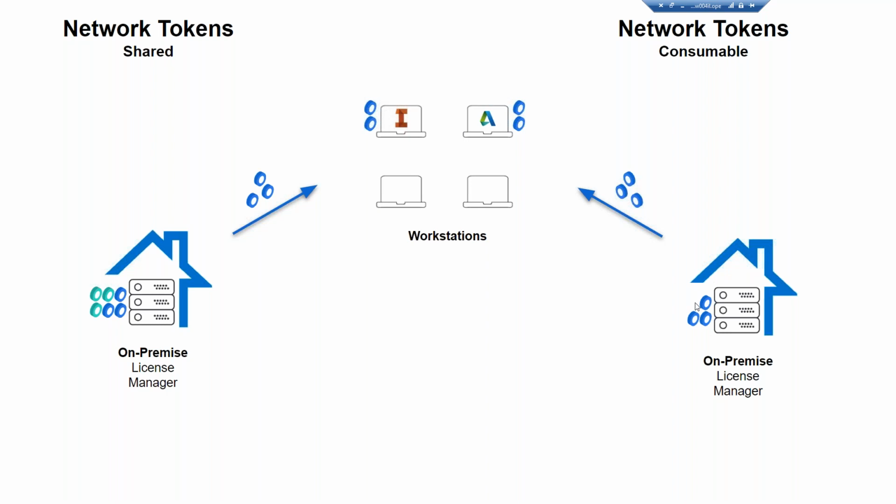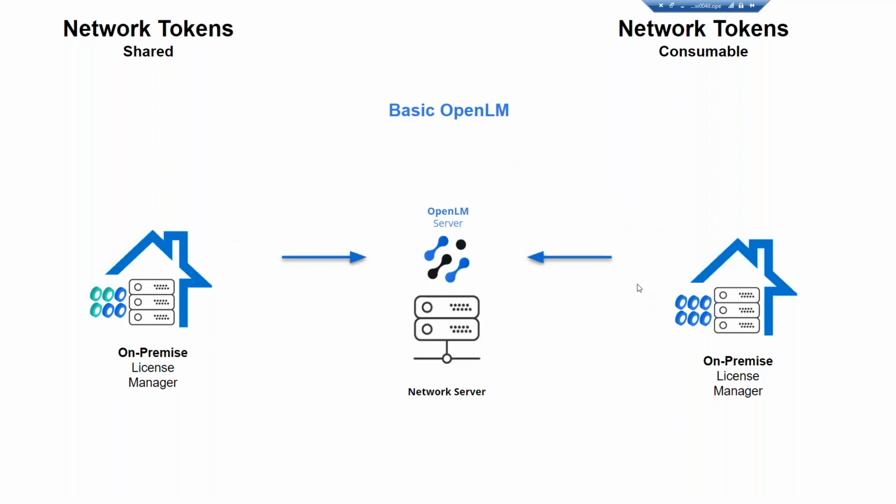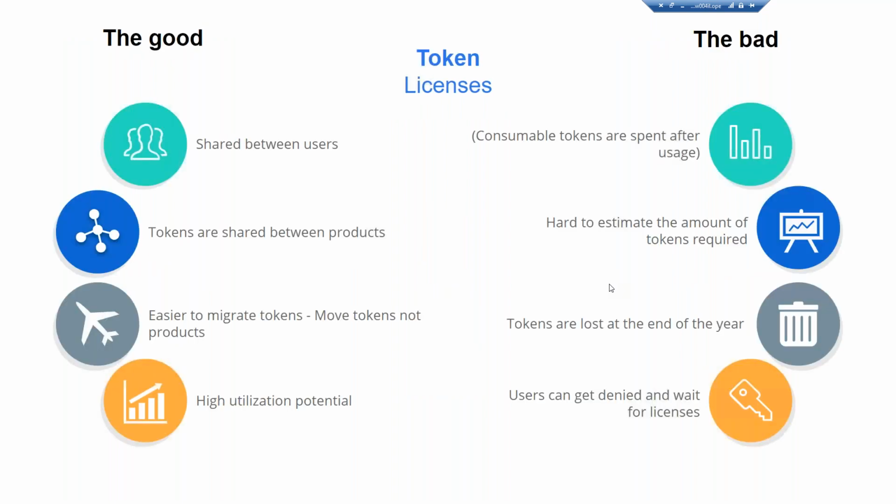You don't have tokens anymore. OpenLM can also monitor that. It can monitor both shared and consumable tokens. It can tell you if you're utilizing them well or not. You get the same usage reports as before, but token-based.